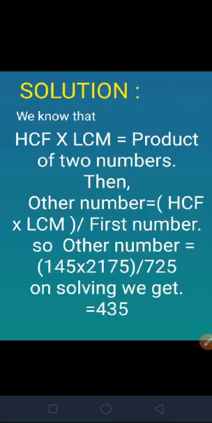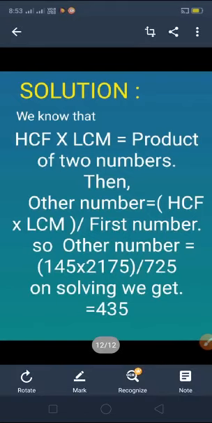We know by the relation that HCF into LCM of the two numbers is equal to the product of the two numbers. Then the other number is equal to HCF into LCM upon the first number. So HCF is 145 and LCM is 2175.